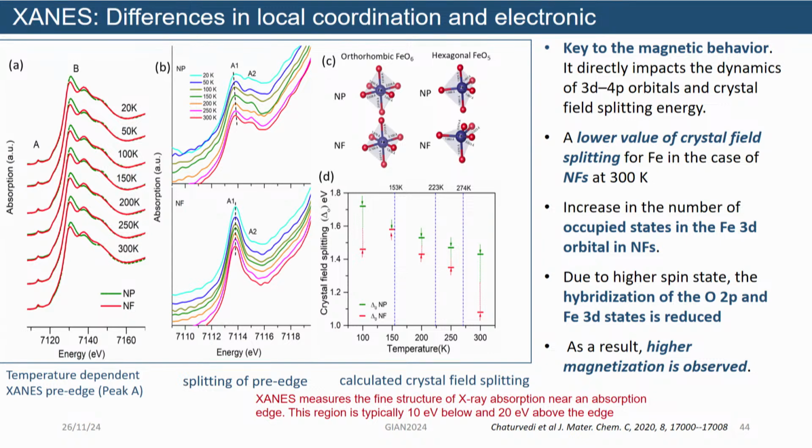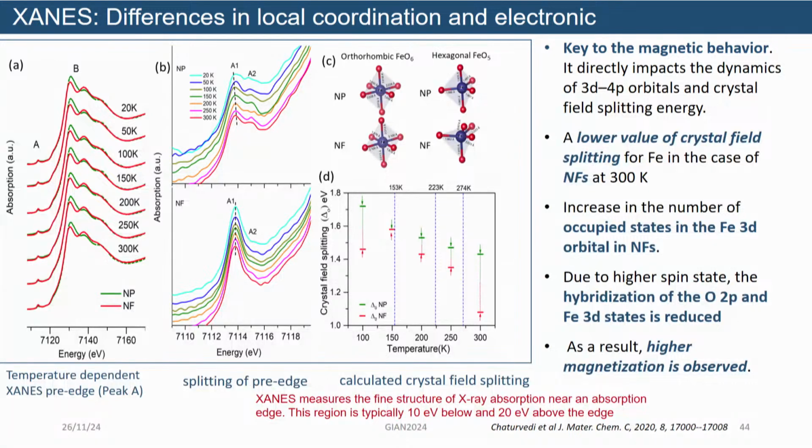For example, if you want to measure the iron L edge, you have L1, L2, L3 edges, you can decide which edge may be contributing, and you can probe it between 10 and 20 electron volts, and you get information about the local structure. So we could eventually calculate, using this experiment, the crystal field splitting at different temperatures of the material.